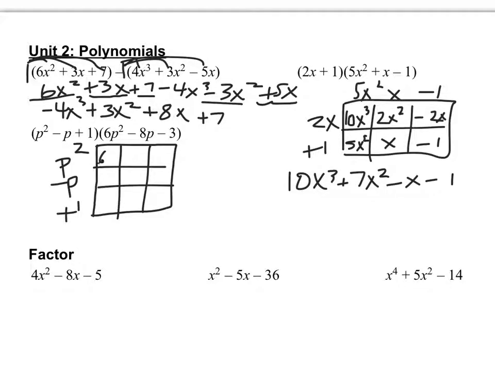So 6p to the fourth, negative 8p cubed, negative 3p squared, negative 6p cubed, 8p squared, 3p, and then 6p squared minus 8p minus 3.